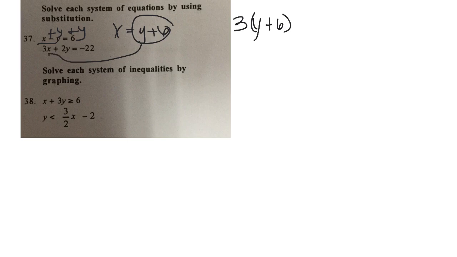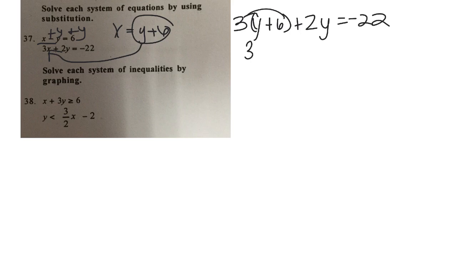Number 37, solve the system by substitution. So on this first equation, I'm going to get x by itself, so I'm going to add y. So I get x equals y plus 6. Then I'm going to plug it in. 3 times x, which is y plus 6, I'm substituting this in for the x, plus 2y equals negative 22.